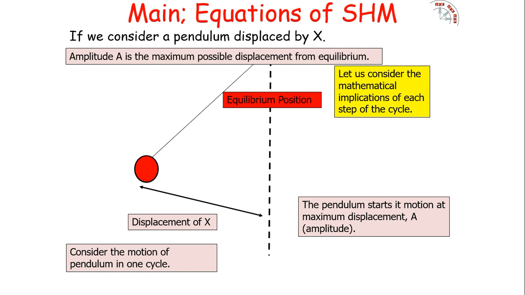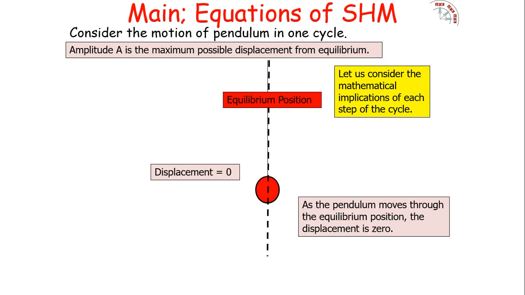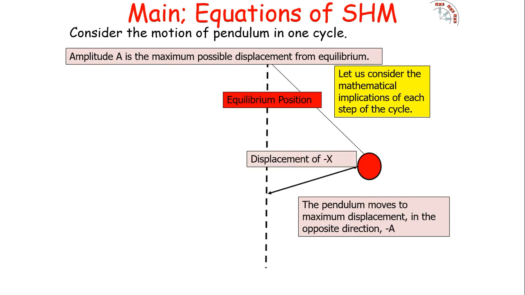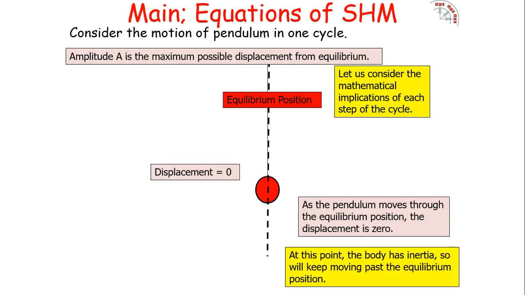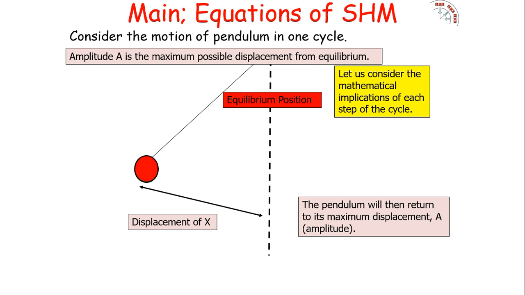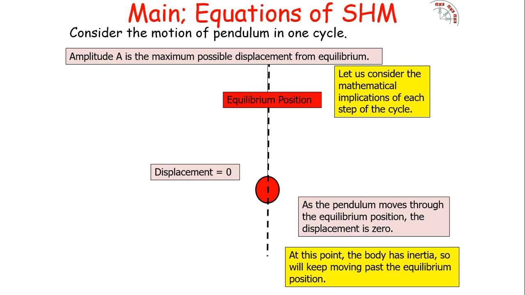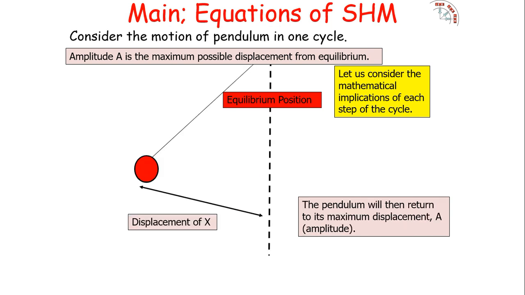At point 1, the displacement was negative A. At point 2, at equilibrium, the displacement is 0. At point 3, the displacement is A, because it's the maximum displacement. Here it is 0, and once again it goes back to negative A. Now why has it not stayed at equilibrium? Well, it's got inertia, so it will go past the equilibrium position.